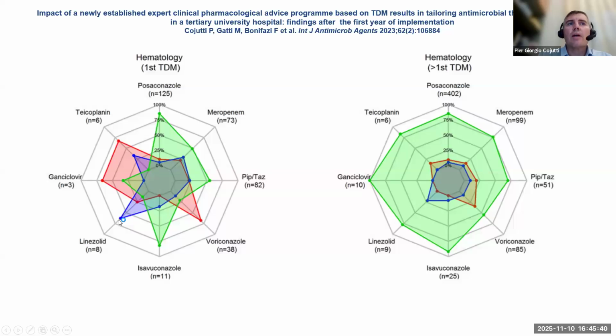There was a need for dose decrease of linezolid, and you can see that just from the second TDM on, all the main color was green instead of red. So the situation got better.